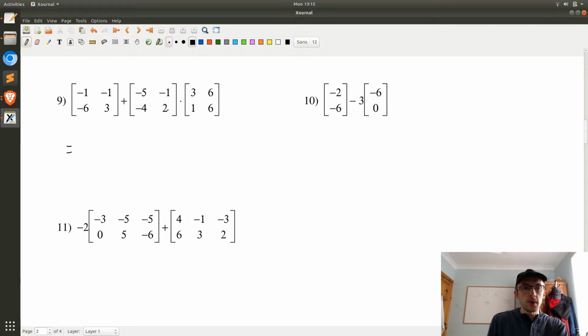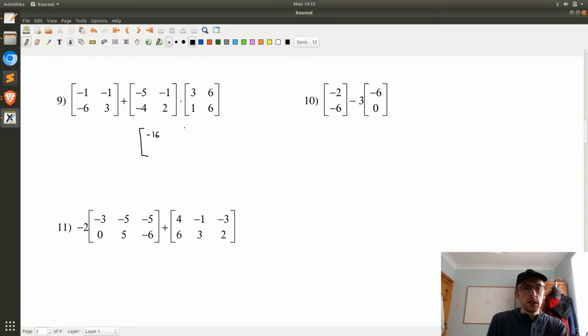We've seen this before. Multiply the 2 by 2 matrices first, then add them to that matrix there. But don't bother writing out the matrix again to save handwriting. So -5, -1 times 3, 3, 1. So -15, take 1. So -16.